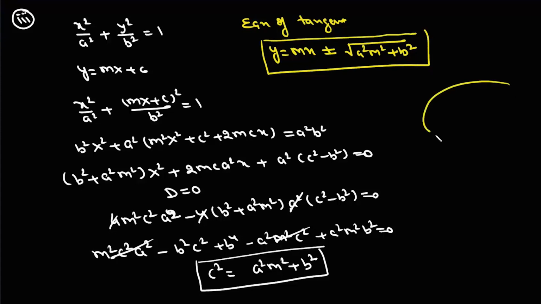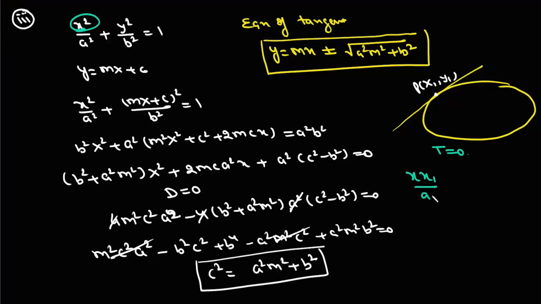Now for the point of contact, suppose this point is x1 y1. We know that the equation of tangent is given by T equals 0. So this is x x1 upon a square plus y y1 upon b square minus 1 equals 0.